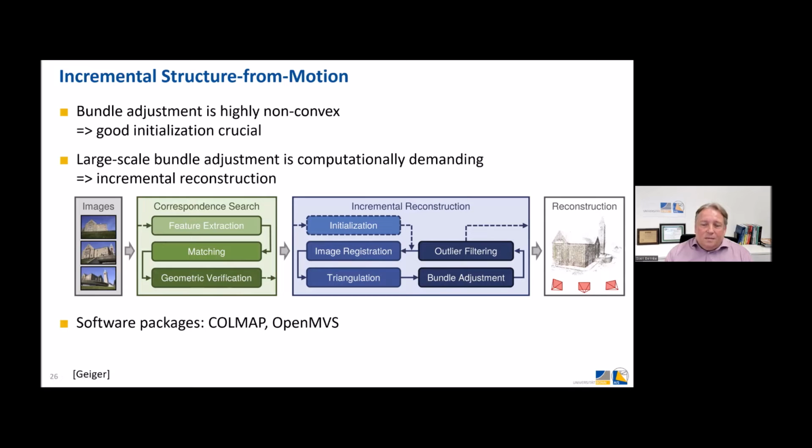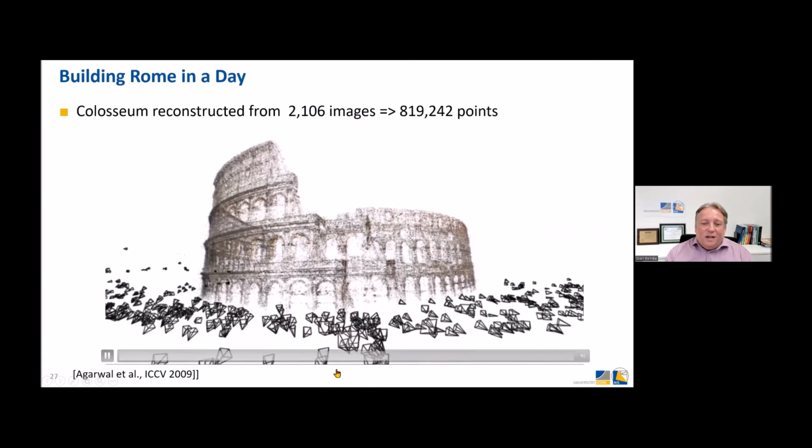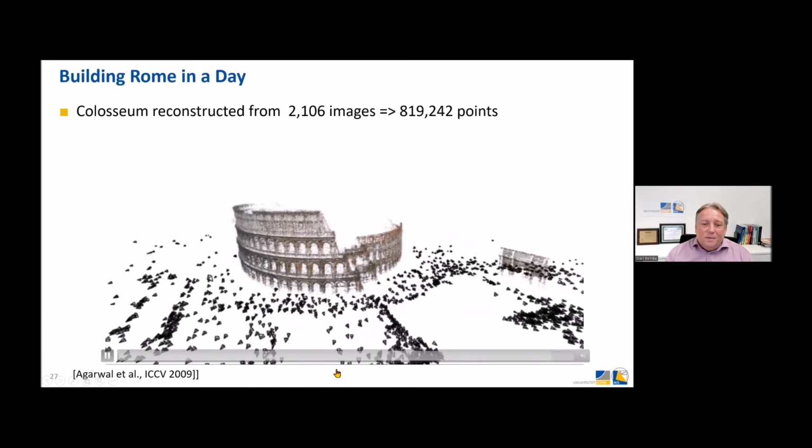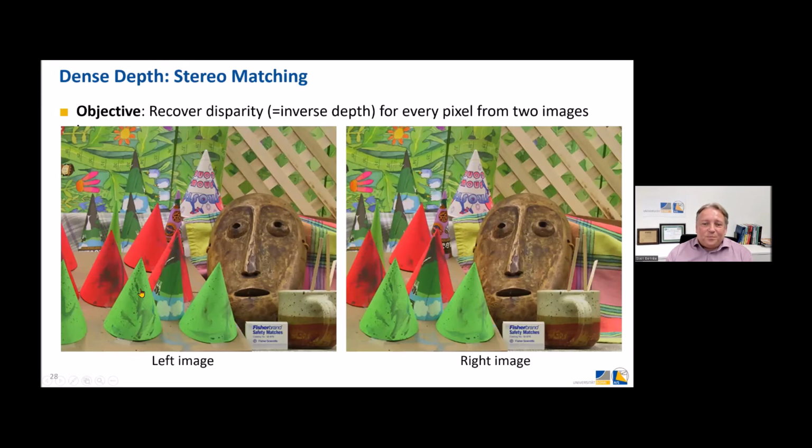And yeah, this technology is pretty mature at this point. So there are software packages like Colmap or OpenMVS where this can be used. And results are, for example, as here in this famous work of reconstructing Rome in a day. So this is the Colosseum.